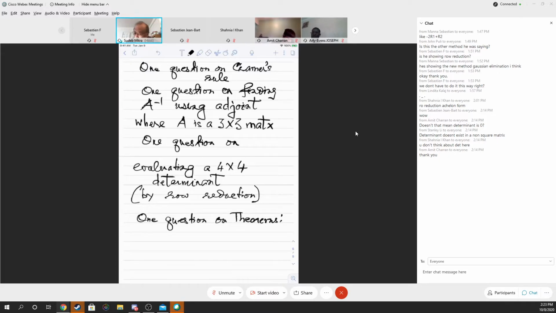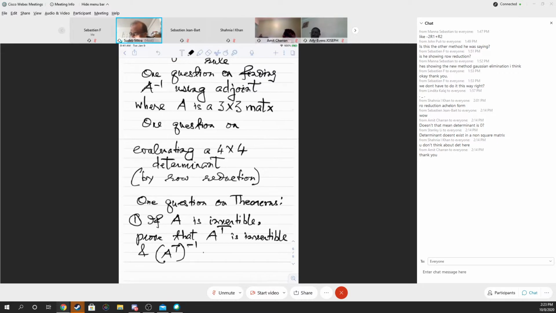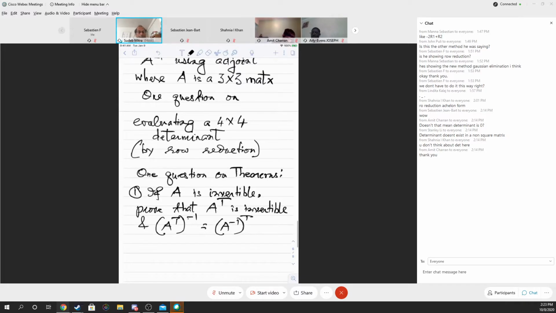So one will be: if A is invertible, prove that A transpose is invertible and A transpose inverse is A inverse transpose. I think we did it last time also. This is one.